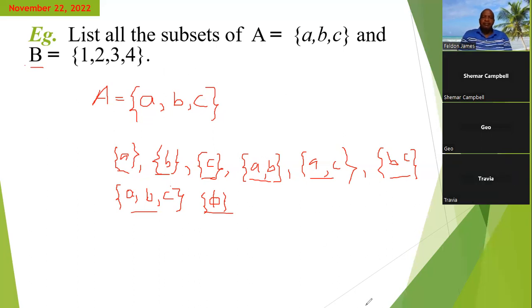Excuse me, sir. Yes, Ms. Traver. How do you come by the last set? The last one, the null set? Yes, sir. Right, because when we talk about a set, we're really trying to have a group of things, a collection.